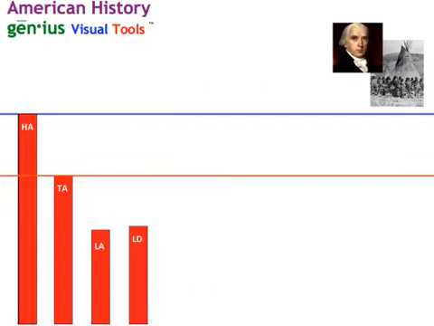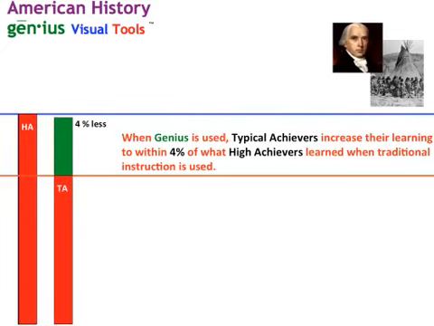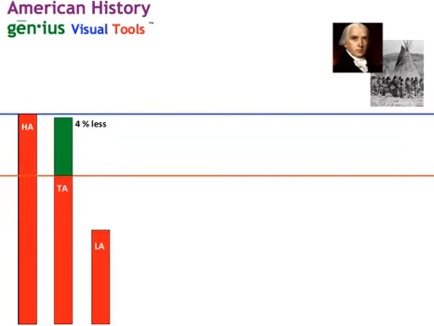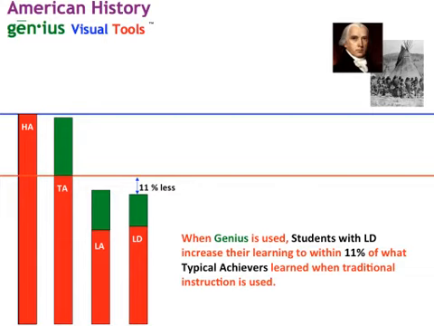And so basically what we found is that when teachers were using the Genius tools, the typical learners learned within 4% of what the high achievers were learning when traditional instruction was used. So there's a big gain there with Genius. Likewise with low achieving students, within 9% of what the typical achievers learned during traditional instruction. Students with learning disabilities, slightly less, but still significantly more.